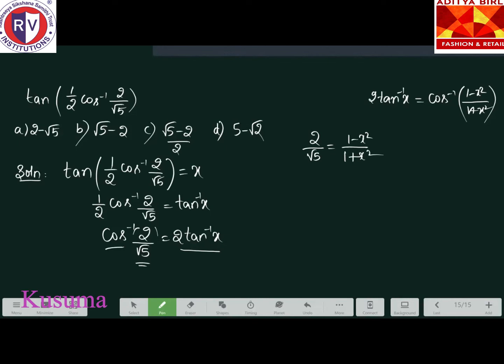Now let us simplify and solve this to get the value of x. First, let us cross multiply. This will be 2 plus 2x square is equal to root 5 minus root 5x square. I'll take all the x square terms to LHS. This will be 2x square plus root 5x square is equal to root 5 minus 2.